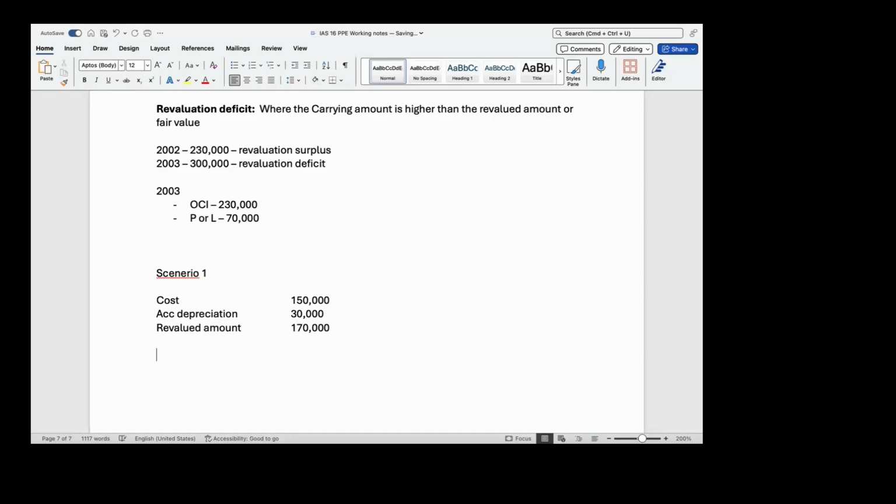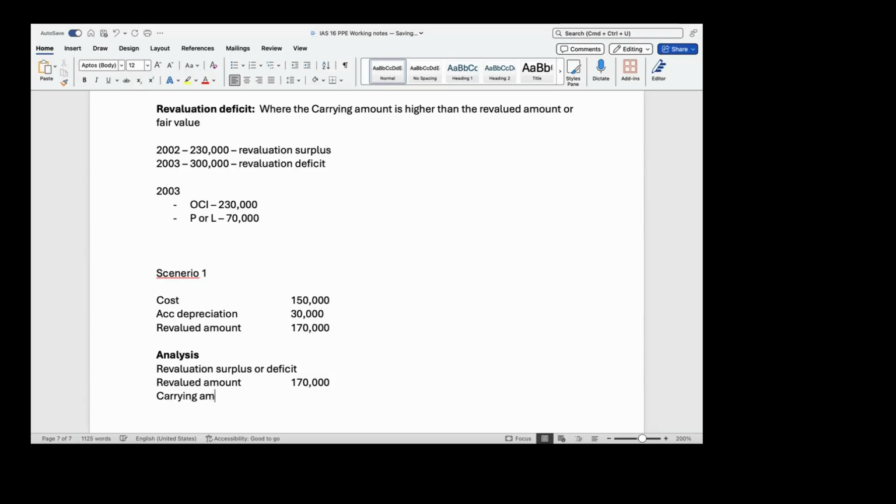If you want to account for this, at the date of revaluation, the first thing you need to do is determine whether you are having a revaluation surplus or deficit. And you do that by comparing your revalued amount. How much is your revalued amount?